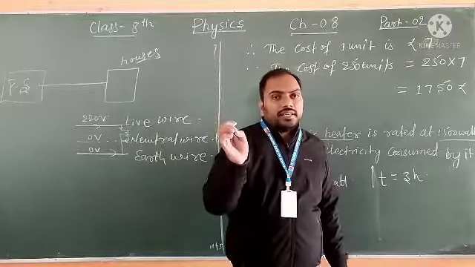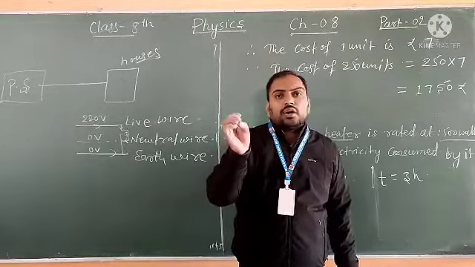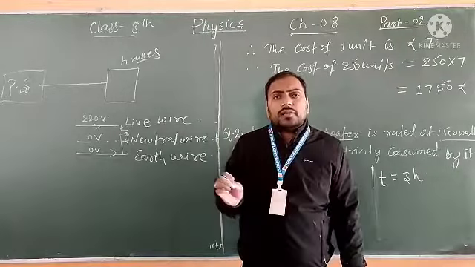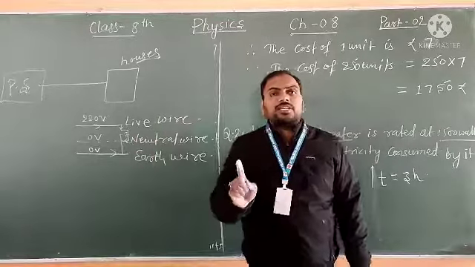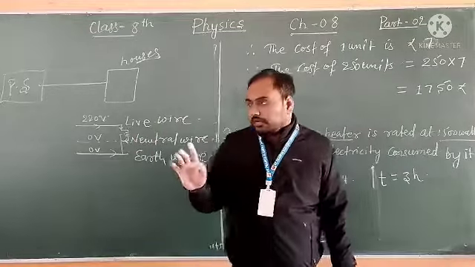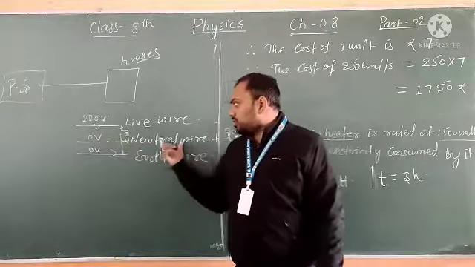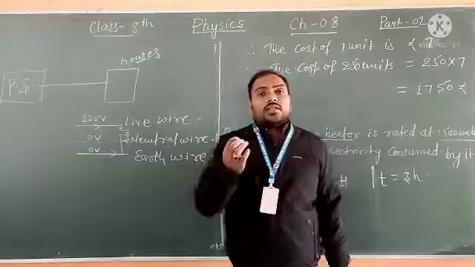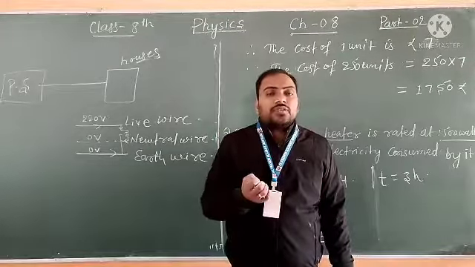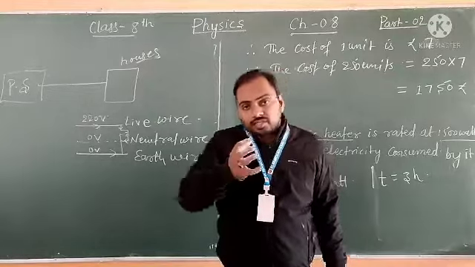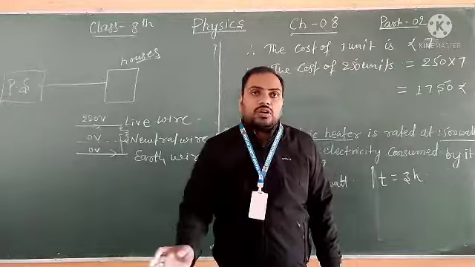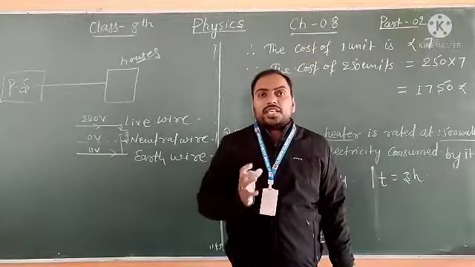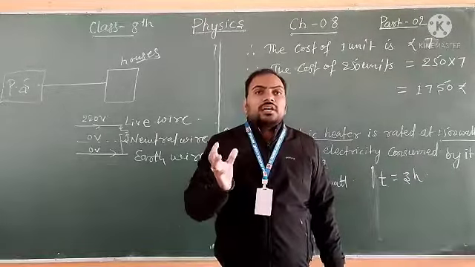It is either yellow or blue in color, and it draws the current and makes the complete circuit. This is the only purpose of the neutral wire. Earth wire is a safety wire, which draws the extra current accumulated over the surface to the earth, and it makes us safe to touch or handle.